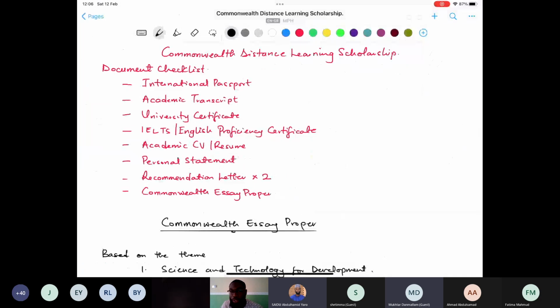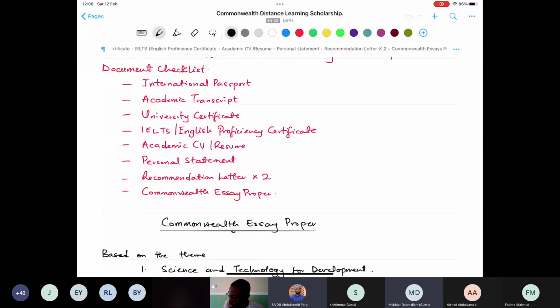What we're going to be discussing now is a checklist I made of what is entailed for the Commonwealth Distance Learning Scholarship. This is a document checklist to guide you on what you need.